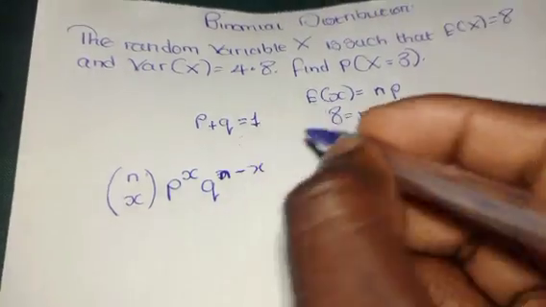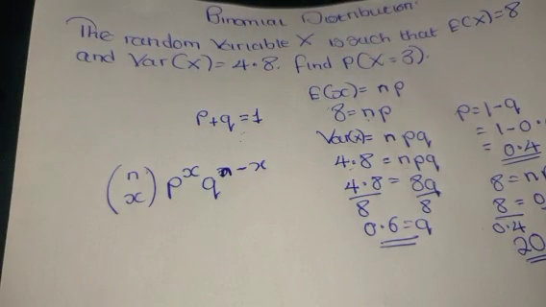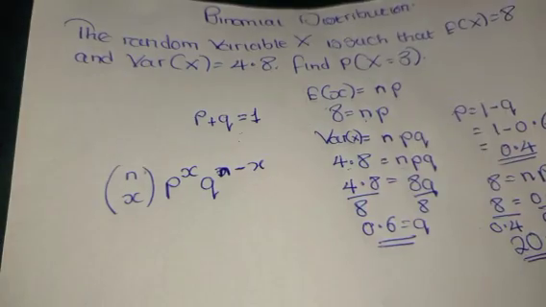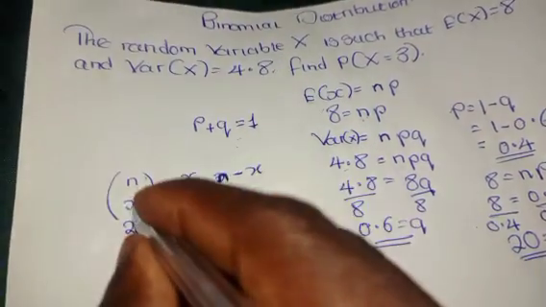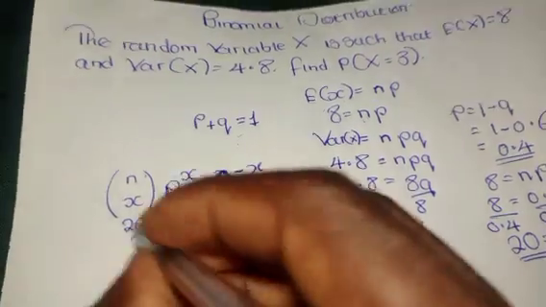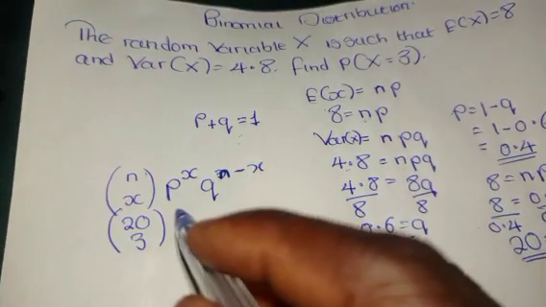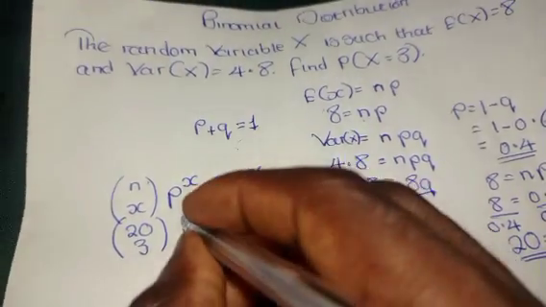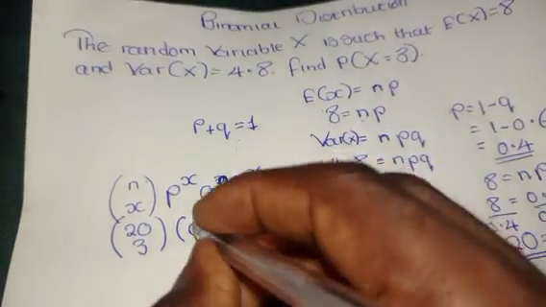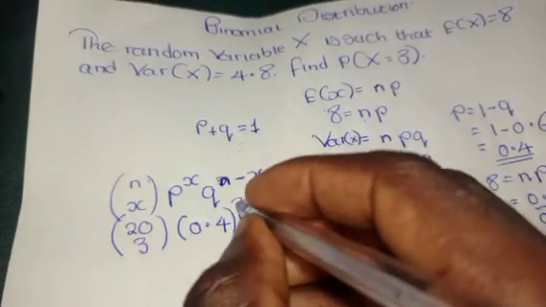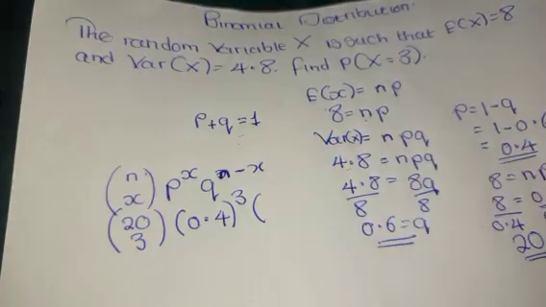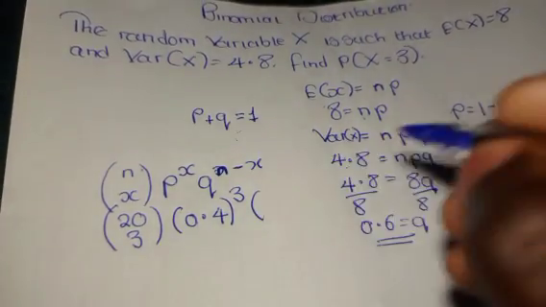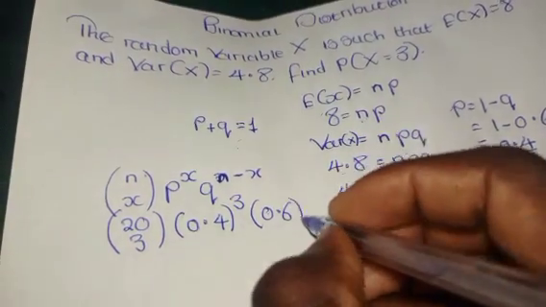So this is the formula we use when calculating the probability of any given event, where n is 20 and x is 3. The probability of success is 0.4 to the power 3, and we have 20 minus 3, that is 17.